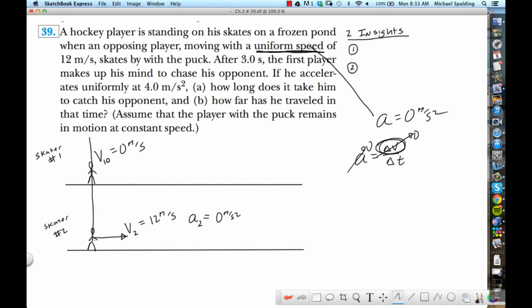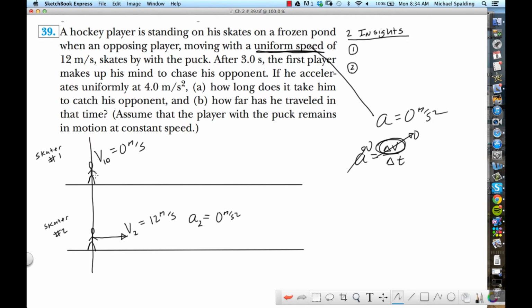This line represents the start of the problem. The problem begins the moment that skater 2 passes skater number 1. Skater number 1 stands there for 3 seconds, and then he starts to, does he just move? Or does he accelerate? He starts to accelerate, which is kind of unrealistic.